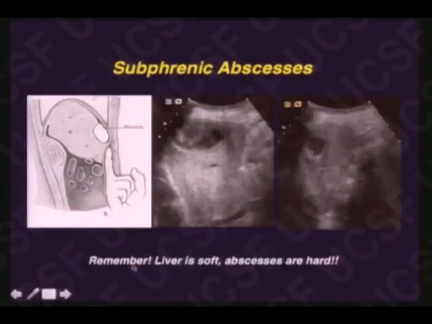Now, what I want to point out is that the liver is soft and abscesses are hard. We all know and love the claw sign. But the claw sign doesn't work around the liver with abscesses, because this is a subphrenic abscess, and you'll see the claw sign. So the liver is soft, abscesses are hard.